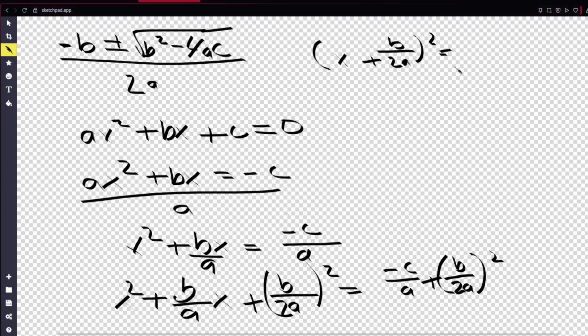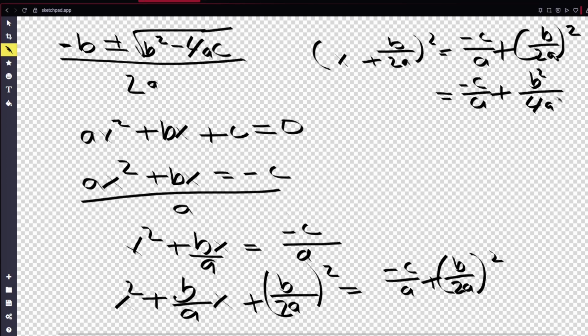I can literally explain that out and show you, but if you guys are familiar with completing the square, then you have that, and you do negative c over a plus b over 2a squared. Doing some simple algebraic manipulation, we can get that to equal negative c over a plus b squared over 4a squared. Nothing bad.